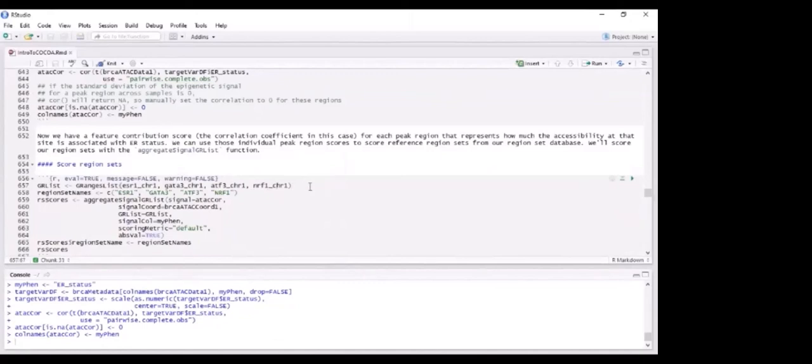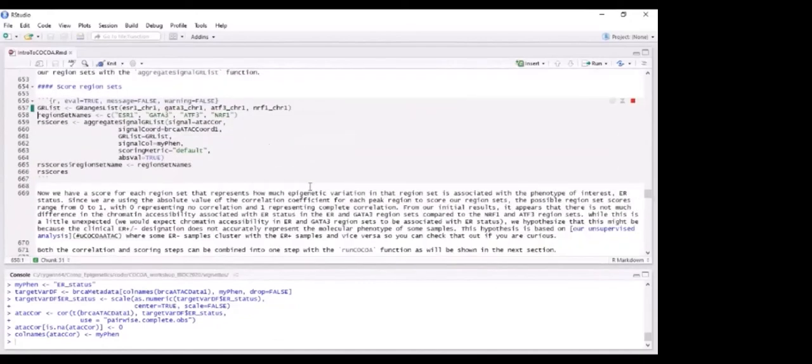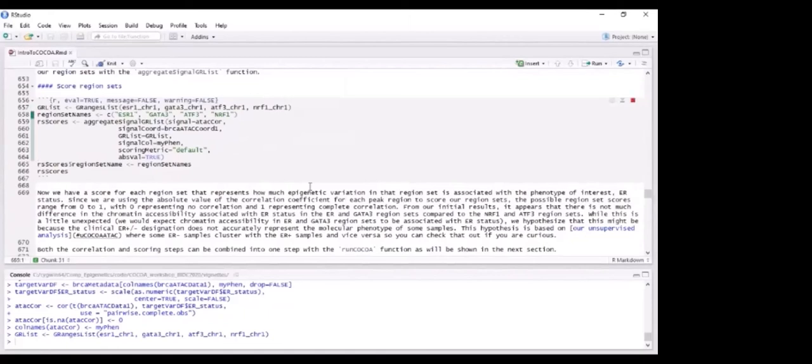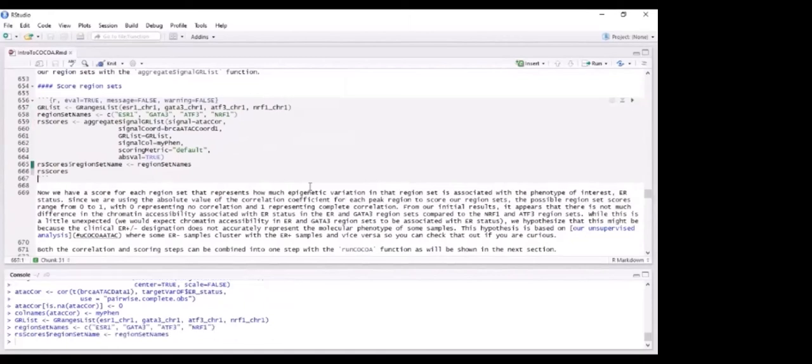Basically, we can take into account the degree of overlap that the region set, for example the estrogen receptor binding region, has with the ATAC-seq peak region. And so we can take that into account when we're calculating the score for the region set. But that's all described in the documentation. So really, it's just a similar concept.